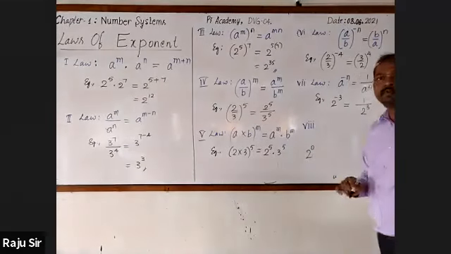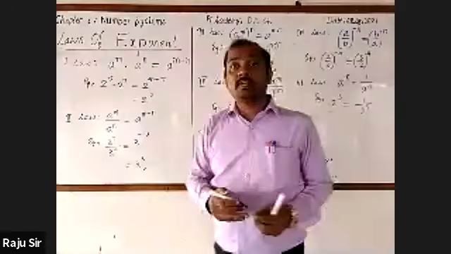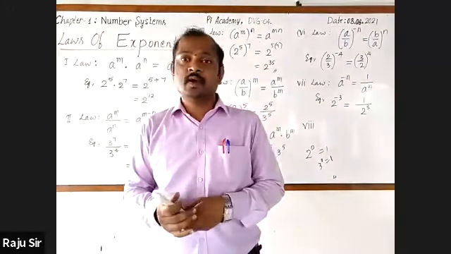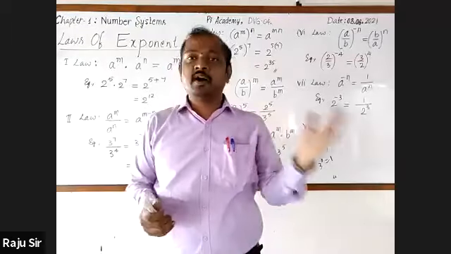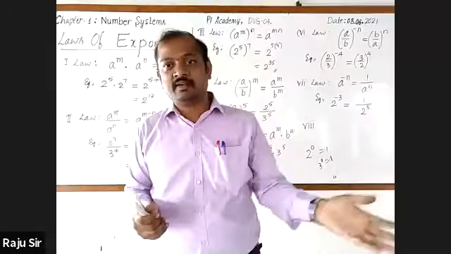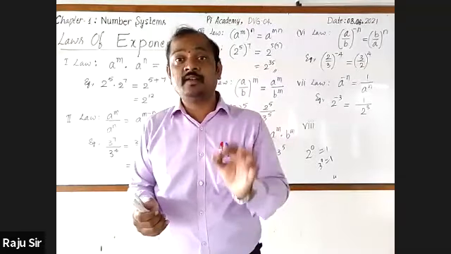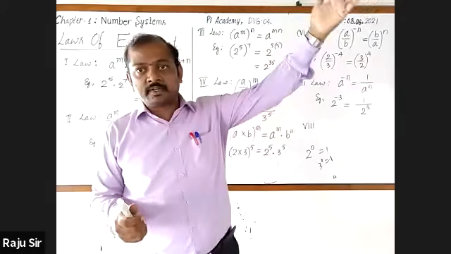What is the value of 2 raised to the power 0? 1. 3 raised to the power 0? 1. 10 raised to the power 0? 1. 100 raised to the power 0? 1. 1000 raised to the power 0? 1.